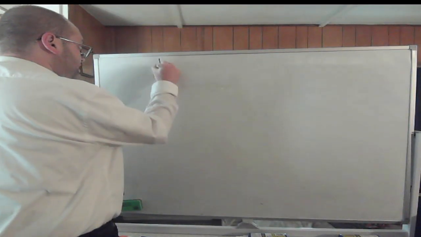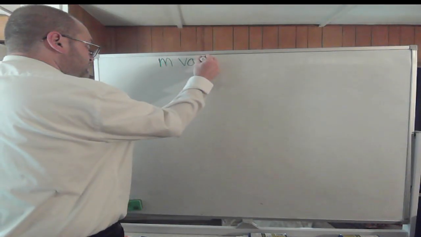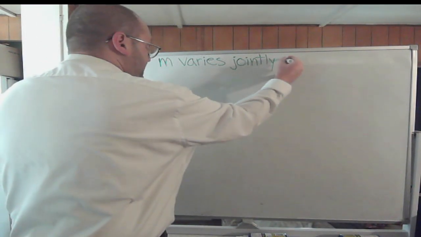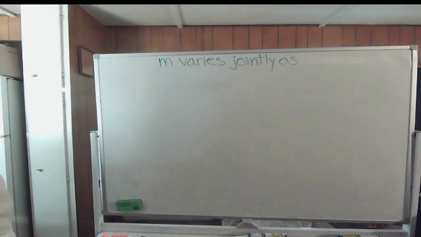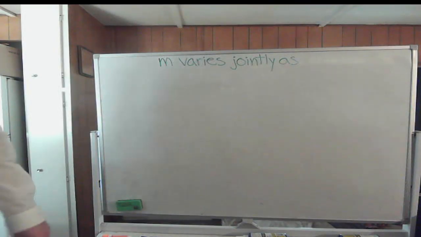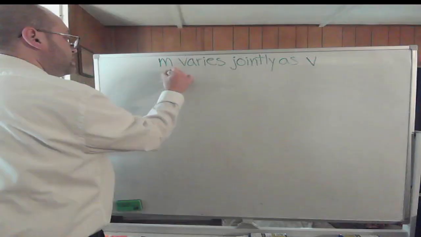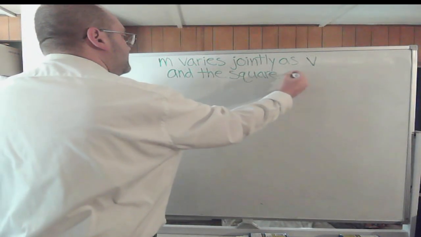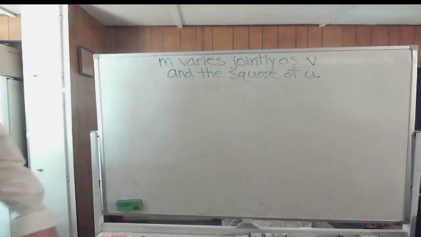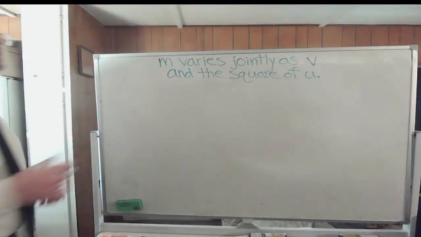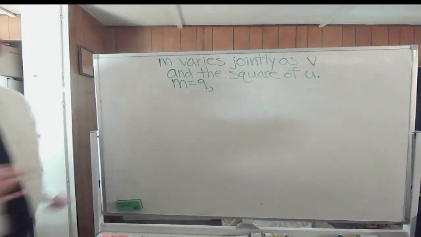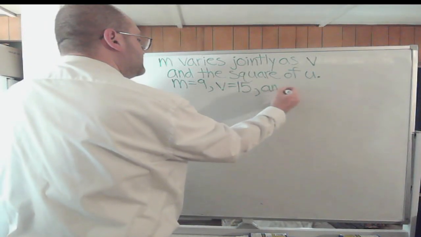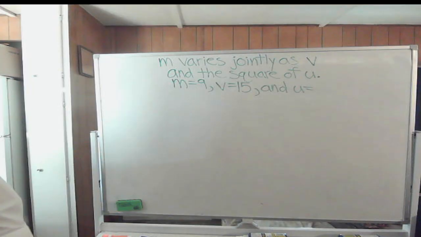Let's see. M varies jointly as V and the square of U. We're given M equals 9, V equals 15, and U equals 6.